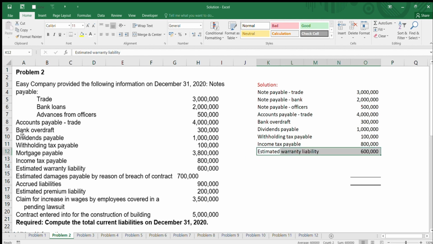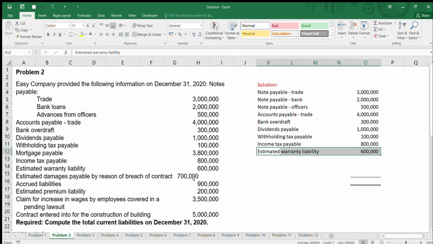Next, estimated damages payable by reason of breach of contract for 700,000. Okay, if you were able to watch the video on liabilities, this was discussed there, which is part of the covenant. Right? Covenants are rules that must be set.